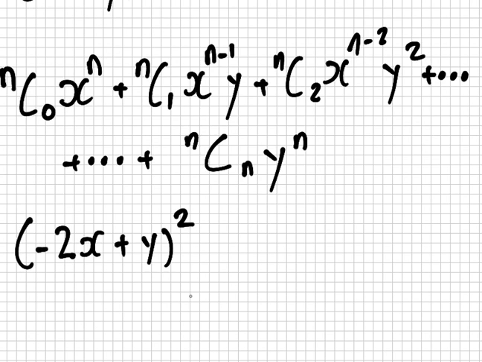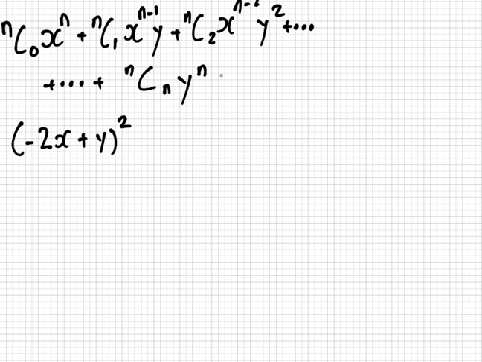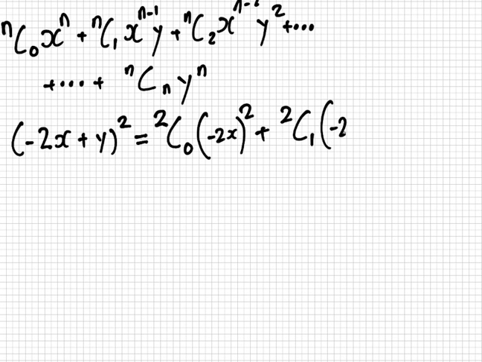Okay, so here I would start off with 2C0 (2x) squared plus 2C1 (2x) y plus 2C2 y squared.